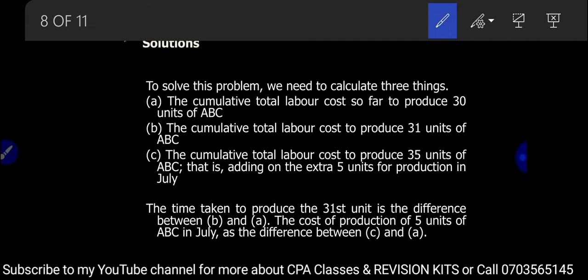Now, part A of the question, we are required to calculate the total labor cost taken to produce the 31st unit. To solve that problem, you need to calculate 3 things. A, the cumulative total labor cost so far to produce the 30 units of ABC. Remember, by the end of June, the company has produced 30 units of ABC, so we need to find out the total labor cost to produce those 30 units.